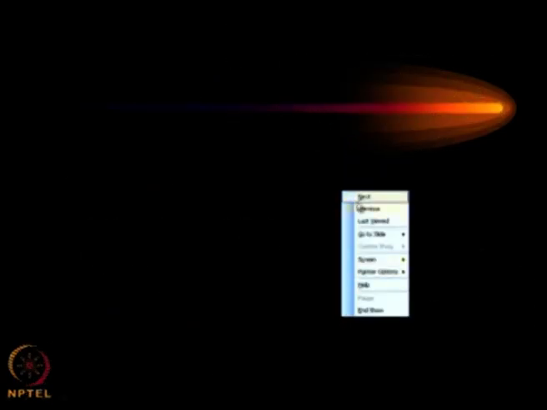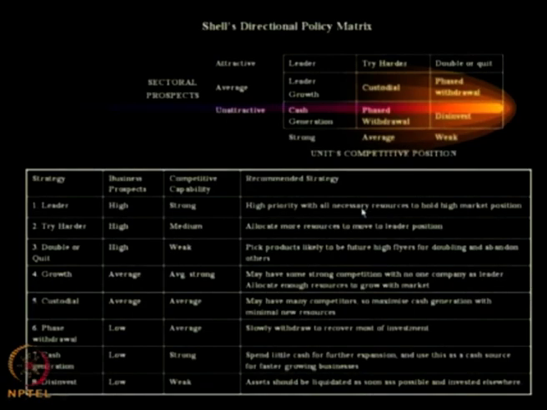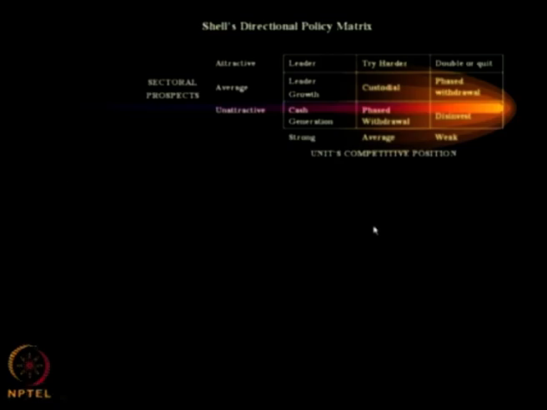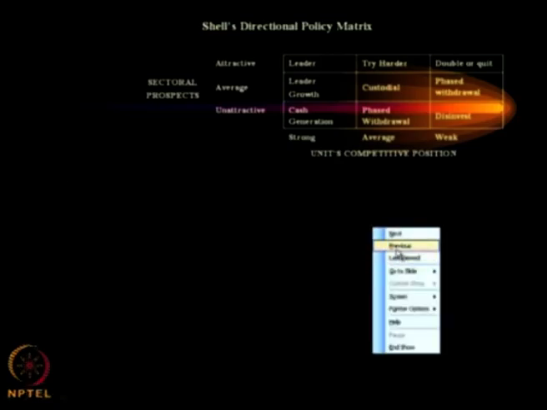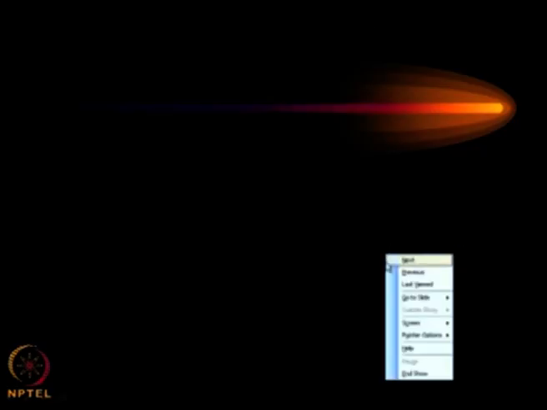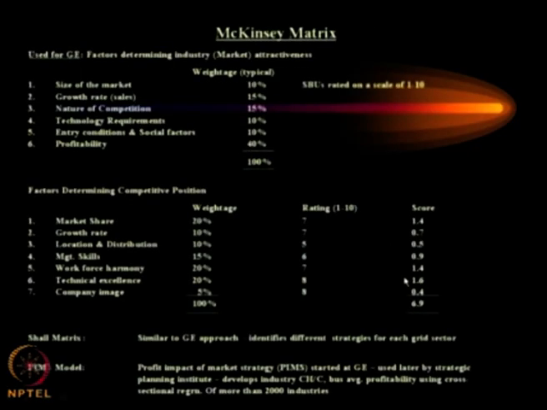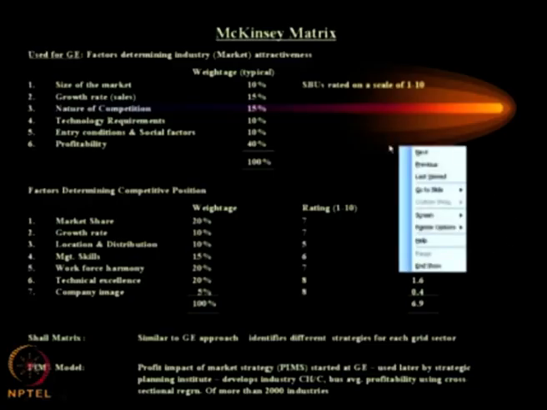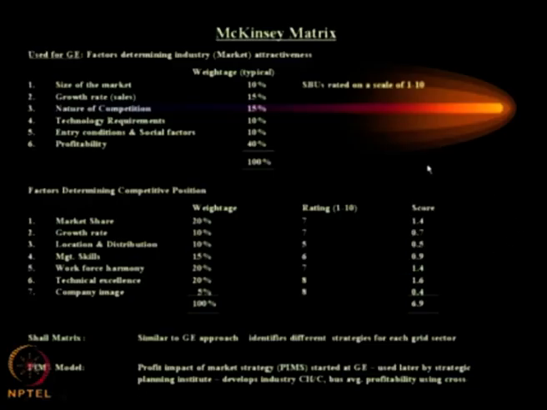This is the typical Shell Oil Company's matrix, which was used by Shell Company. If you really see, there are some similarities with respect to the GE business screen as well as the McKinsey matrix, which I just gave you.